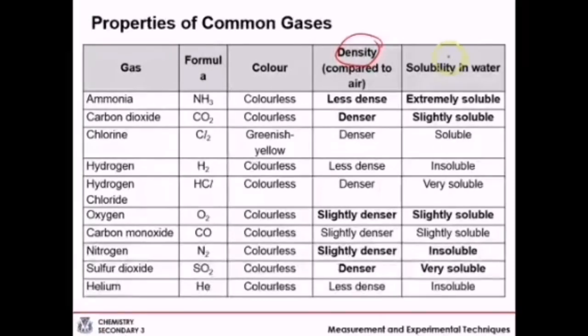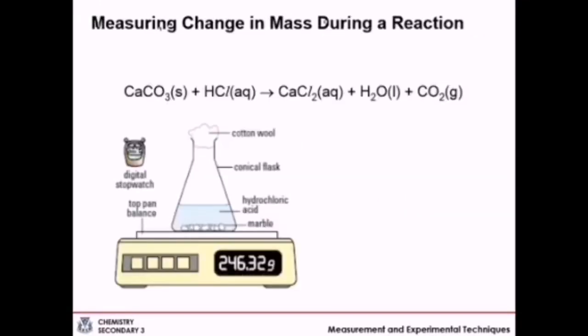We are comparing each gas, its formula, its color, its density, and its solubility in water. Carbon dioxide is slightly soluble, chlorine is soluble, hydrogen is insoluble, hydrogen chloride is very soluble, oxygen is slightly soluble, and carbon monoxide is insoluble.